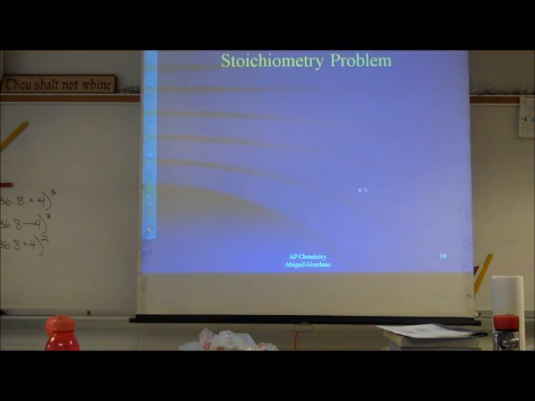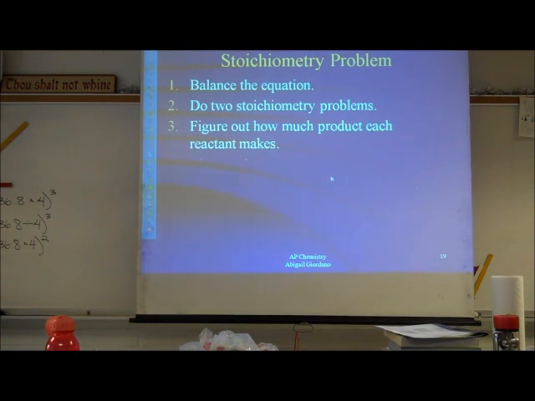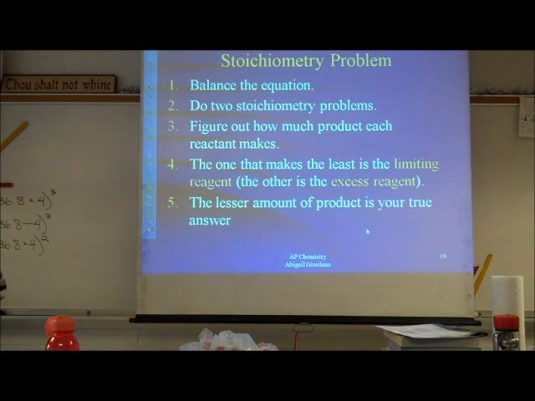And folks, there are different ways to solve limiting reactant problems. I am going to show you the way that I think is most useful in an AP class. Depending on who your teacher was, different teachers teach limiting reactant problems differently. I'm not saying that this way is the better way.